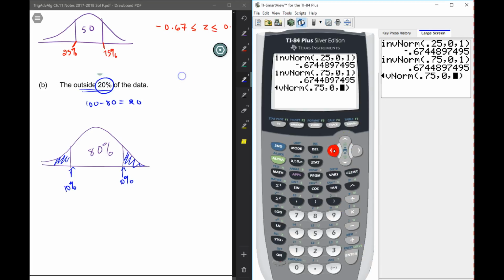So this time, it's going to be 0.10, right? So that's negative 1.28.